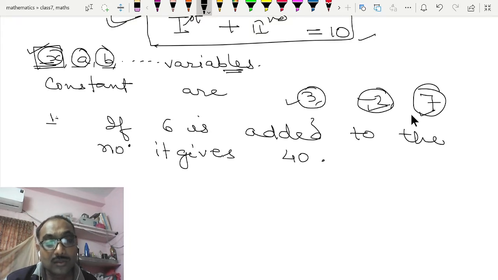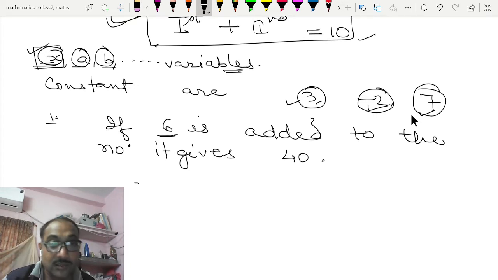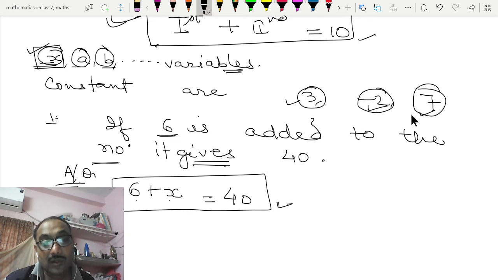Reading the question, 6 is added, so you write 6 plus, and let the number be x. So 6 plus x, when these two numbers are added, it gives 40. You have to write according to the question, because the equation you write is only on the basis of the question. If there is an equality sign, then this is called an equation.